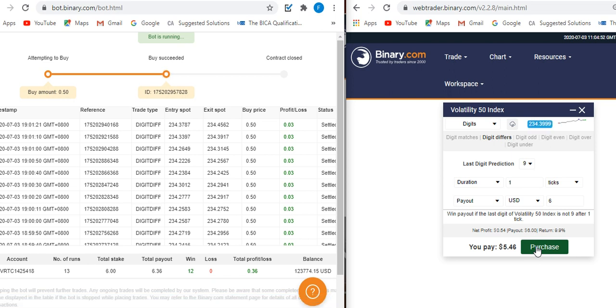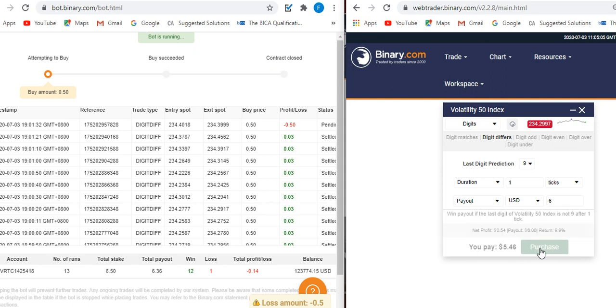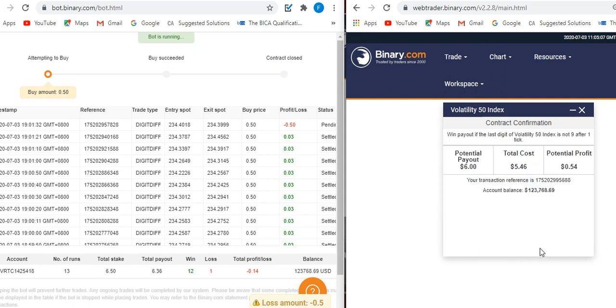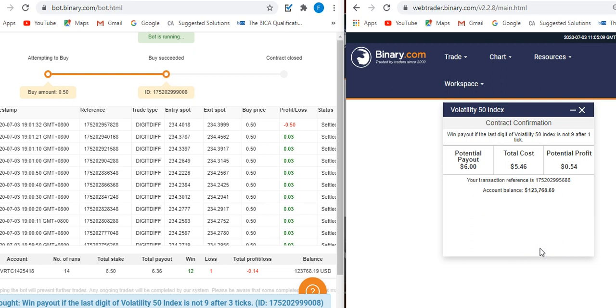So far we don't have any loss. You have to remember this tick duration is only 1, and then the dollar is martingale. Just immediately you have to put it, so as to make profit here.